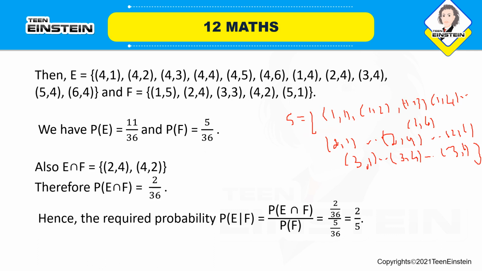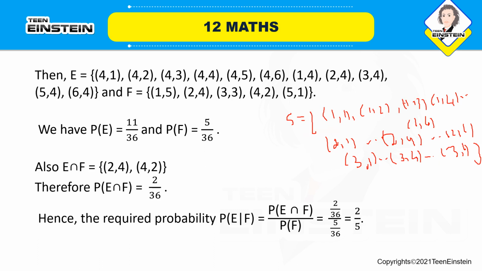So what are the possible combinations we'll have in F? Suppose I'm getting 1 in the first row, then what number do I have to get in the second row? The sum of the numbers is 6, right? Not 5.